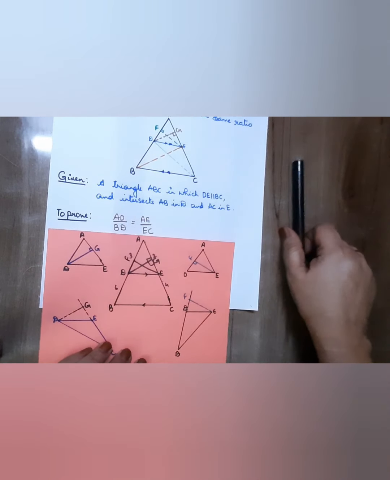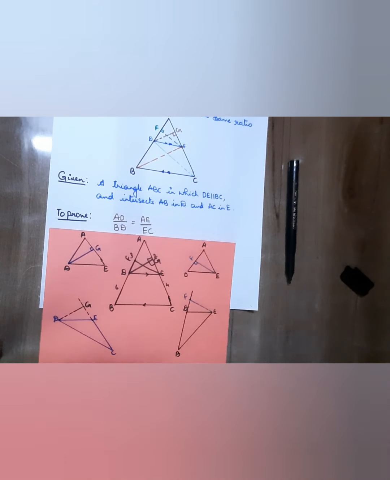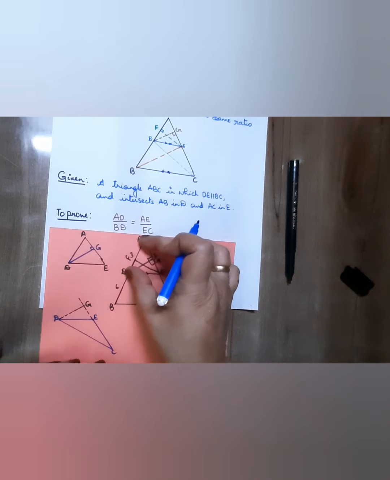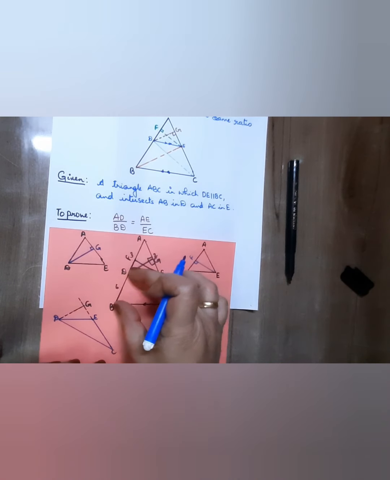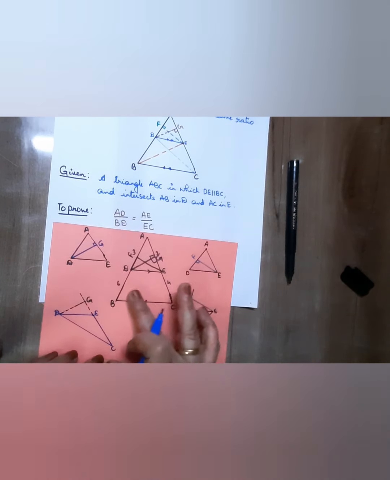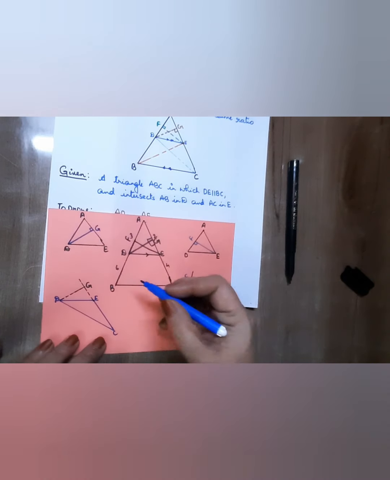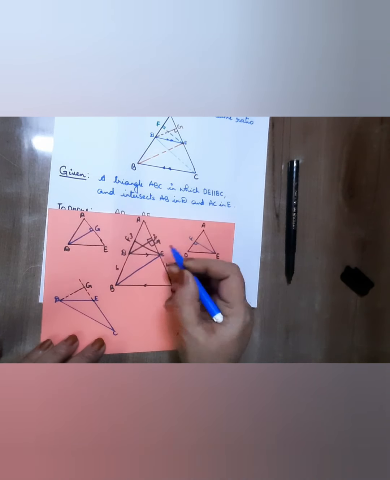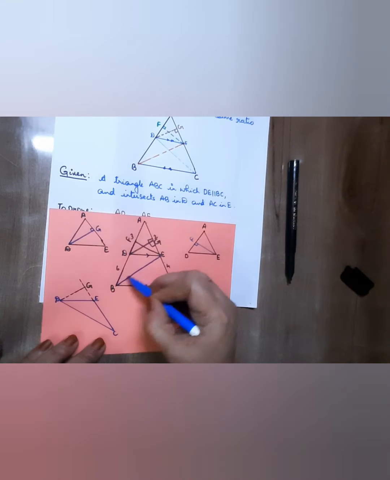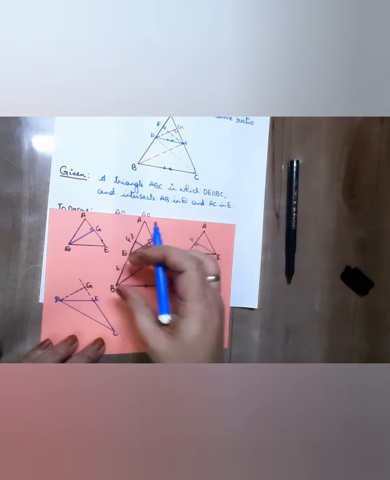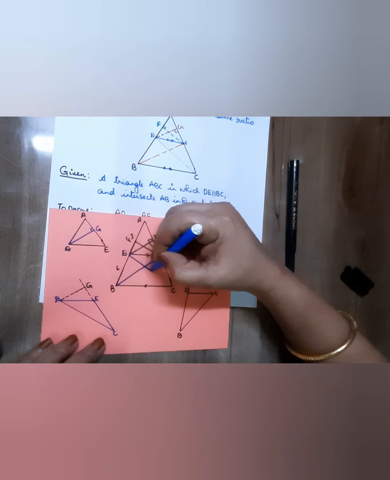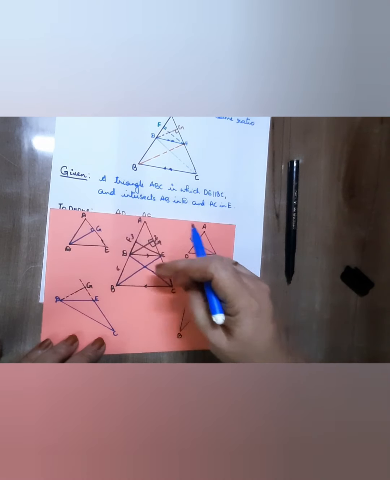Then we will join the triangles required. Now in this triangle we get AD and AE. Now to get BD, there is no triangle over here, so for that we will join BE. Now you see BDE, we get a triangle. Then we will join DCE.